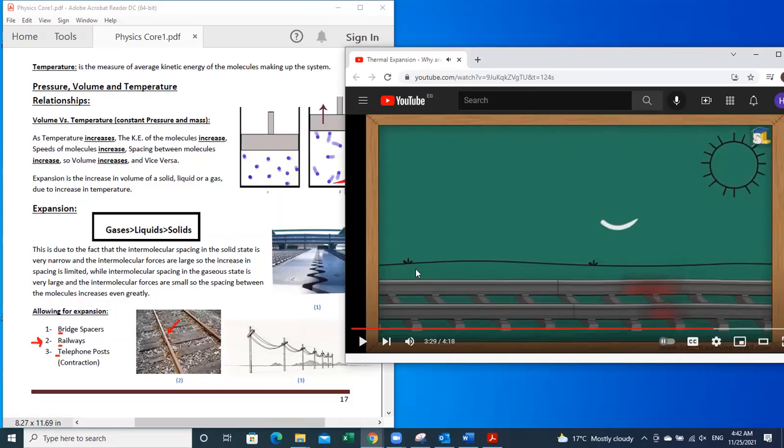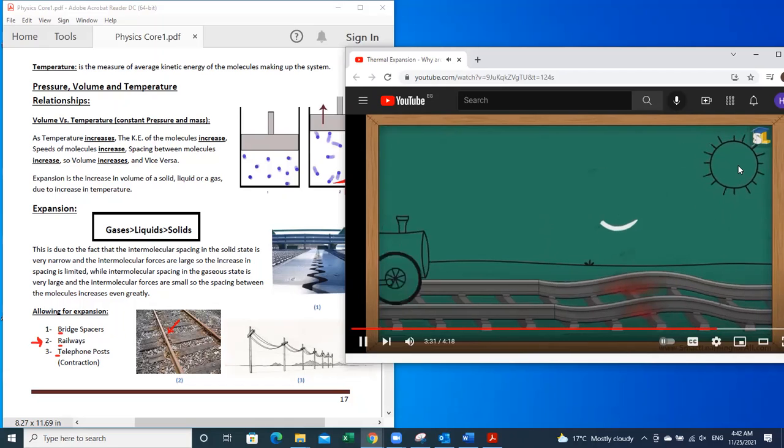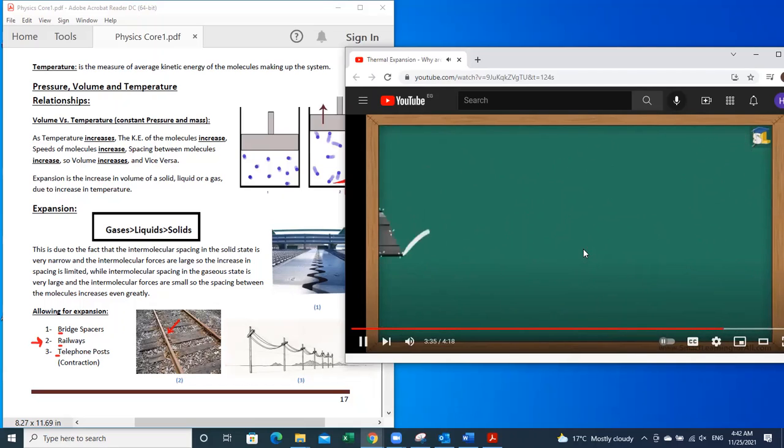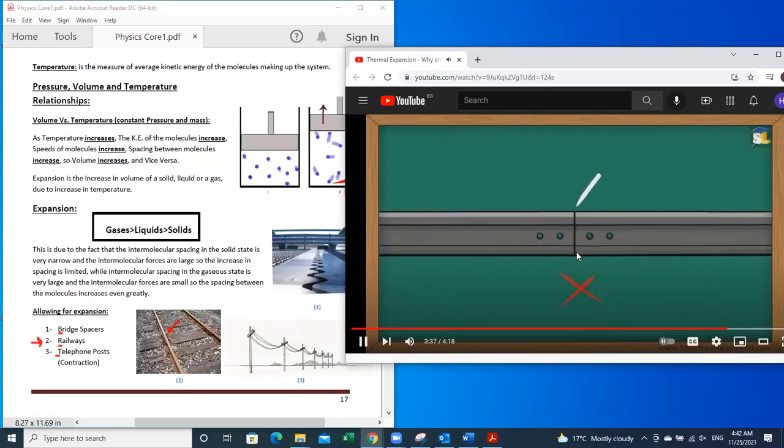So what if we have this railway and there is no spacing between the rails, leaving no spaces during a sunny day or a hot day? What will happen? It will fall over. So what we should do is keep a distance between the rails. We will not close them on each other like this.